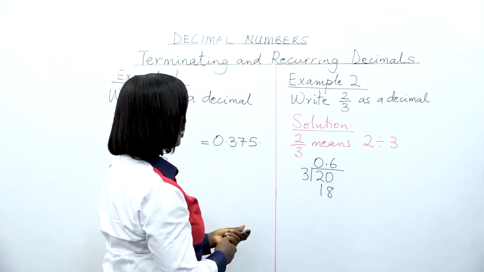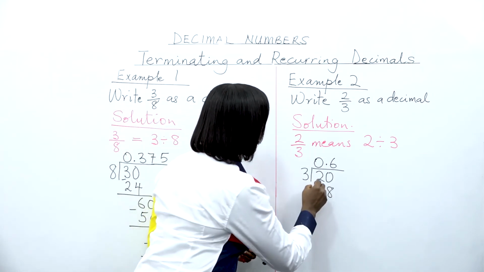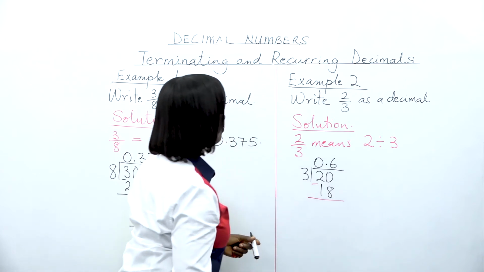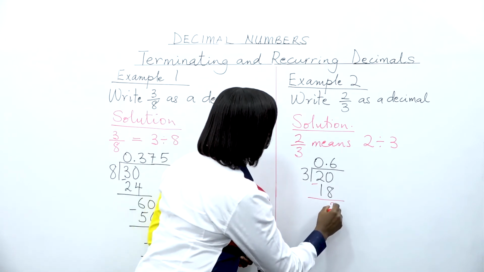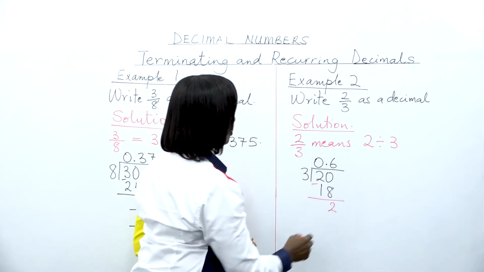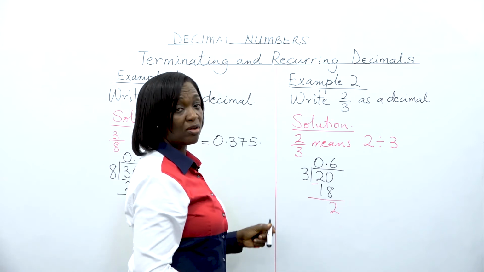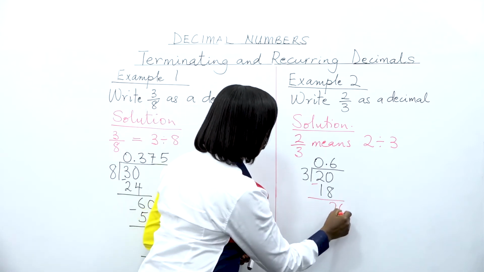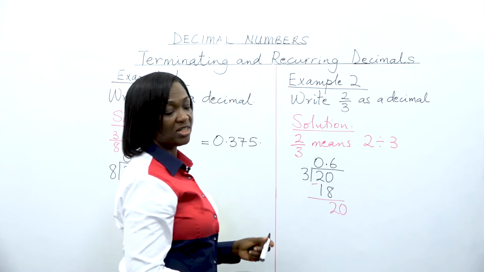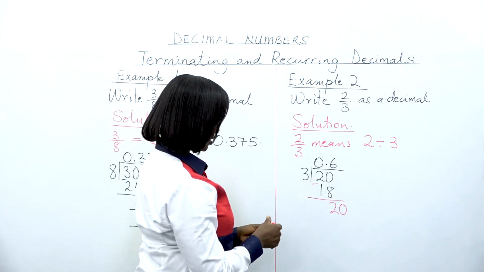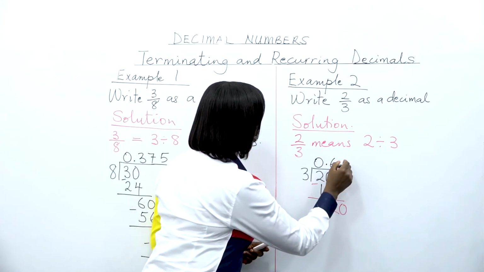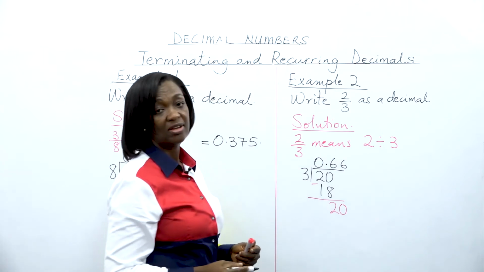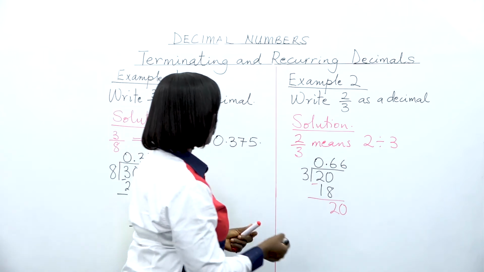We subtract. If you subtract, you have 2. So again, we attach a 0. 3 into 20 is 6. 6 times 3 is 18.